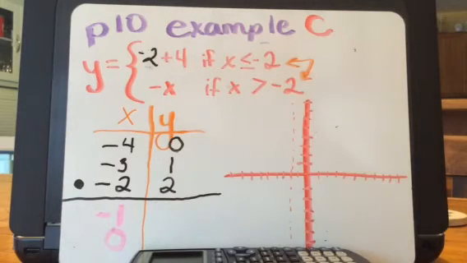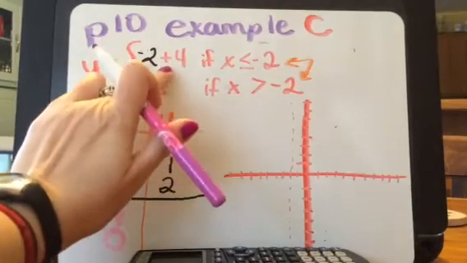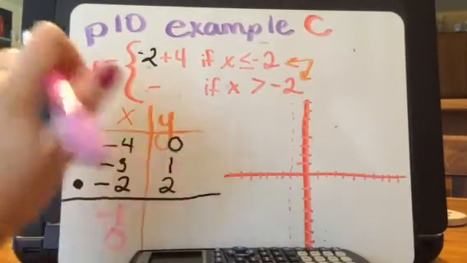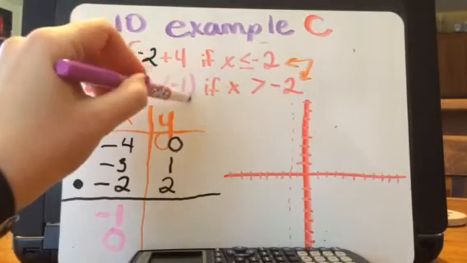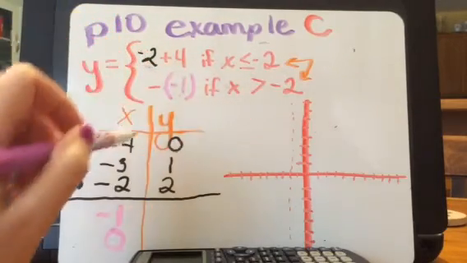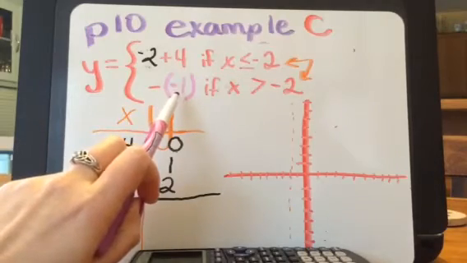Now I need to think about how those plug in to the rule that applies, the one that we're going to use up here. So when I plug in -1 in place of x, now watch what I'm doing, be very careful. When I plug in -1, I have the opposite of -1.